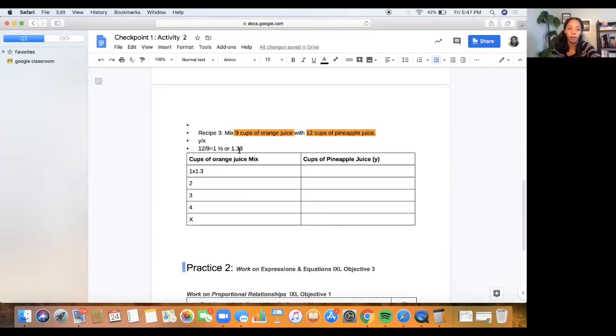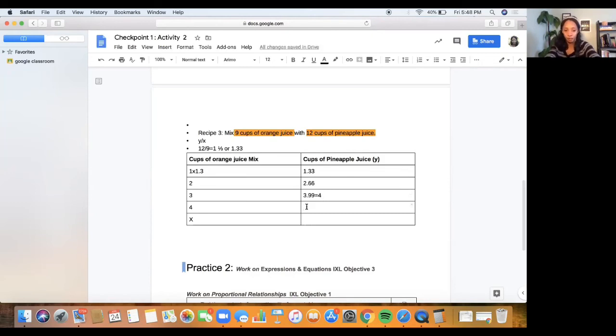So here we have 1.33. I know that 1 times 1.33 is 1.33. 2 times 1.33 is going to give me 2.66. 3 times 1.33 is going to give me 3.99, which we're going to round up to 4.